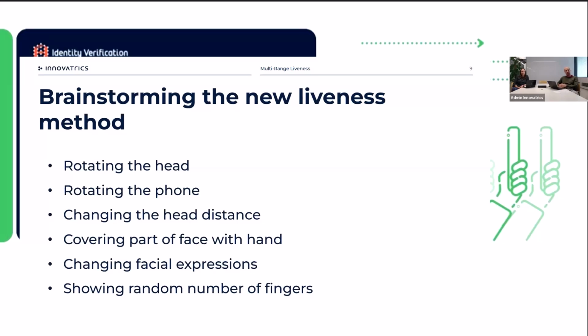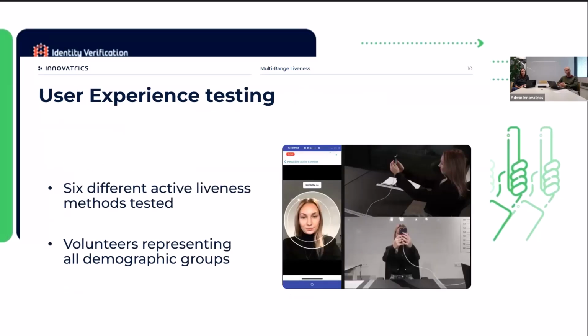So we came to 6 different ideas, and we created a POC of each one, which we tested in our extensive user experience testing. We tested all these 6 methods with a high number of volunteers of different age groups, with different technical skills, so that we know that every customer can fulfill the liveness challenge that we are giving to him.